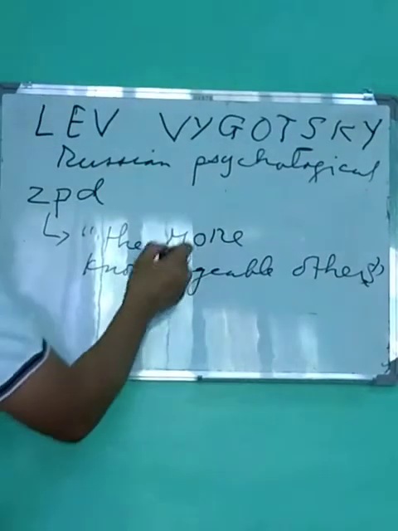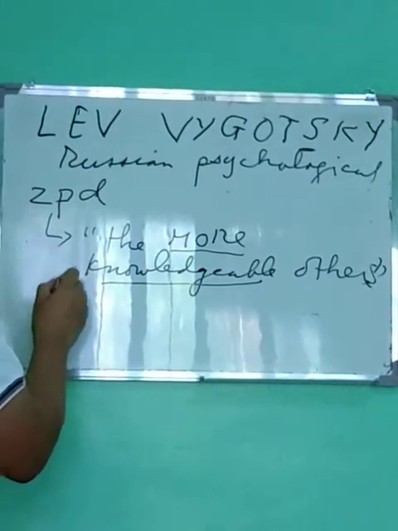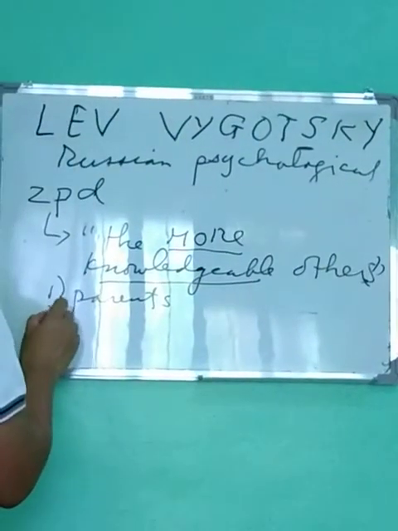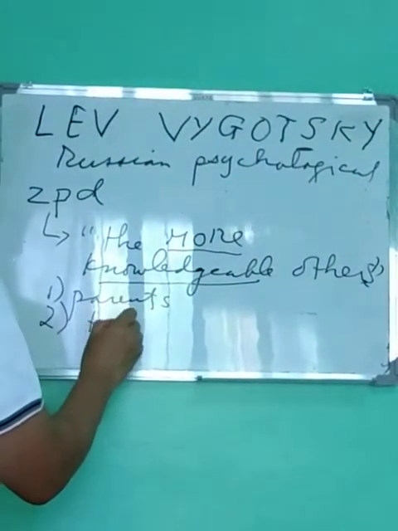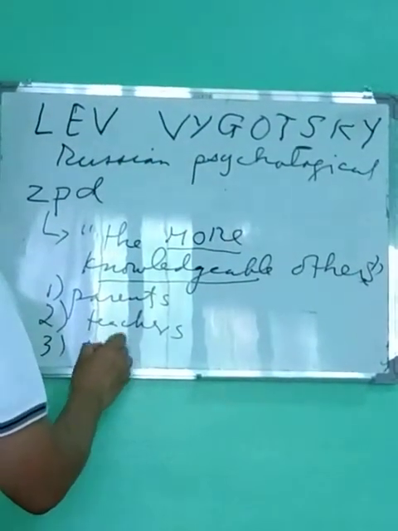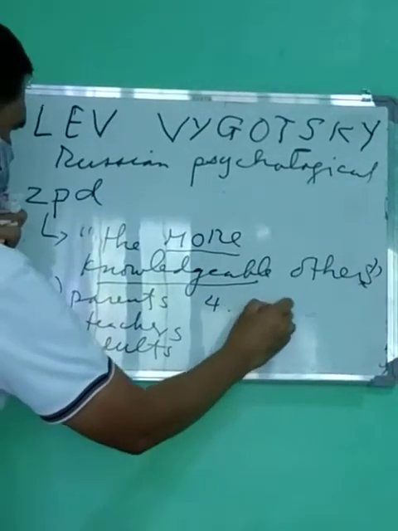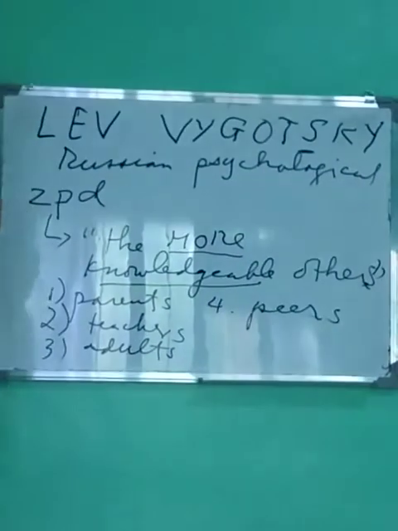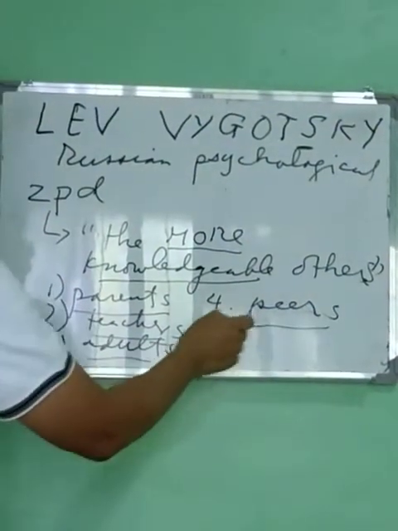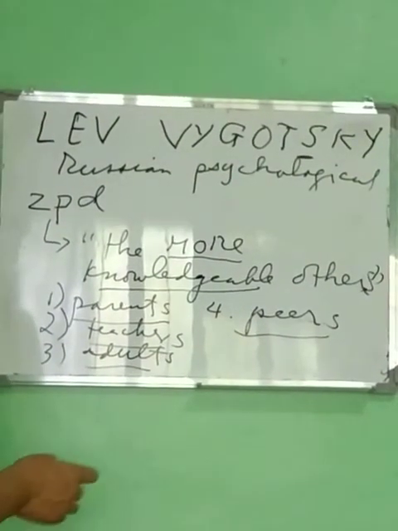And when we talk of the more knowledgeable other, we are talking about parents, and then teachers, any more knowledgeable adults, then even the peers, meaning the barkada of the child. So these people will be the ones who will teach the child the things that he does not know yet.